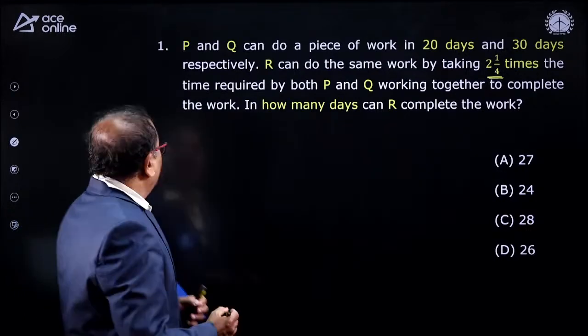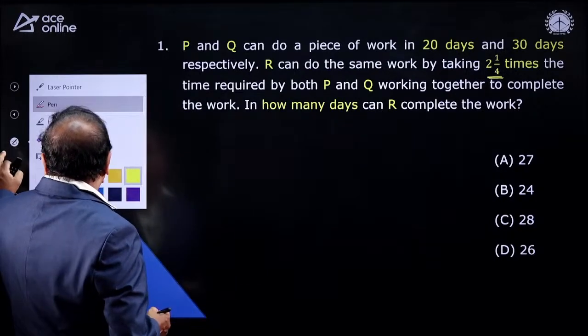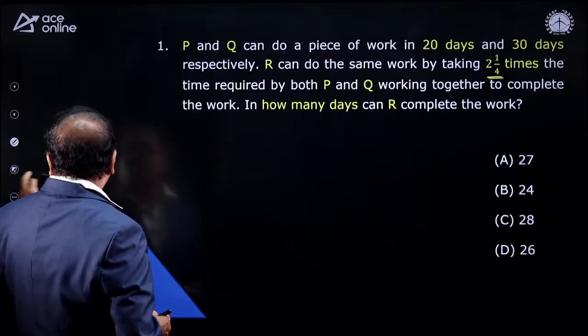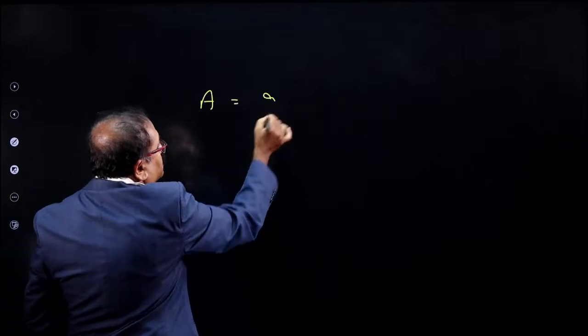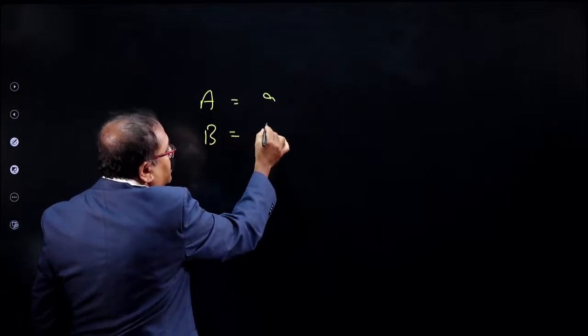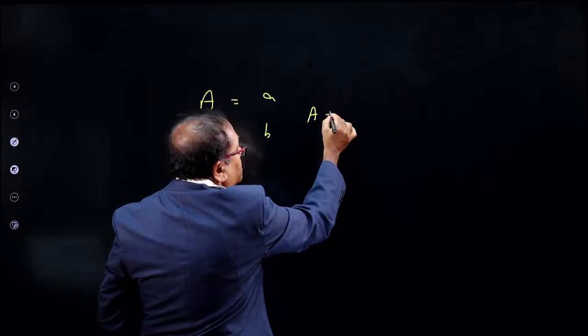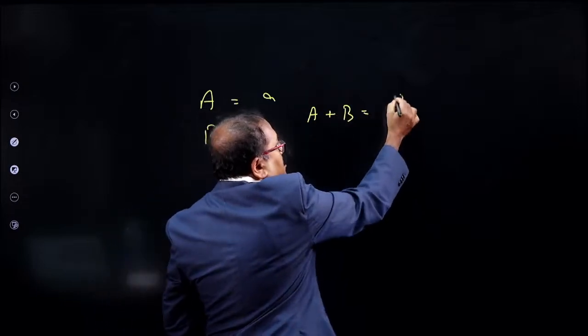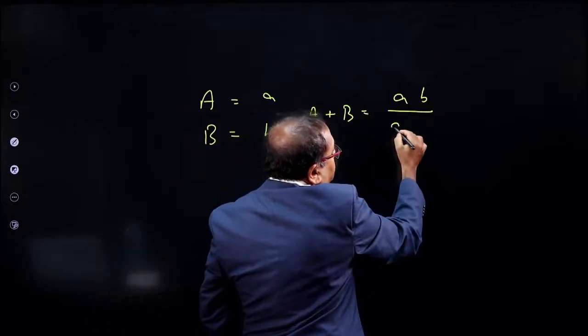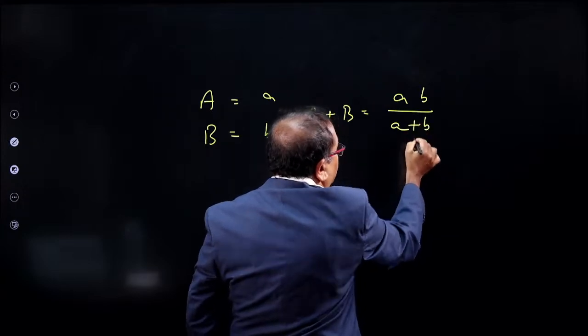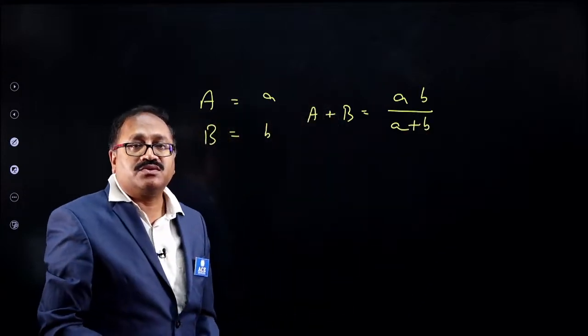Okay, time up. Now allow me to answer this question. We know one small formula: if A can complete the work in A days, B can complete the work in B days, then A plus B together can complete the work in AB by A plus B days. So we can apply this formula to answer this question.